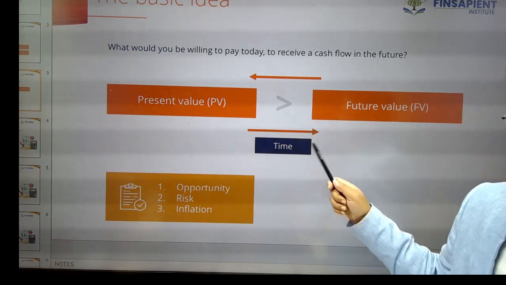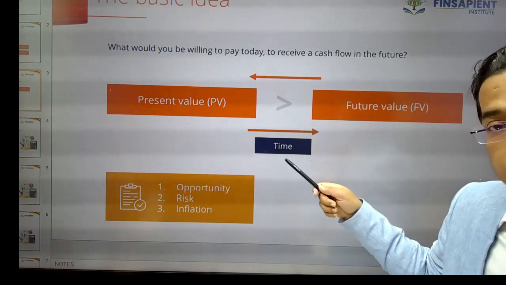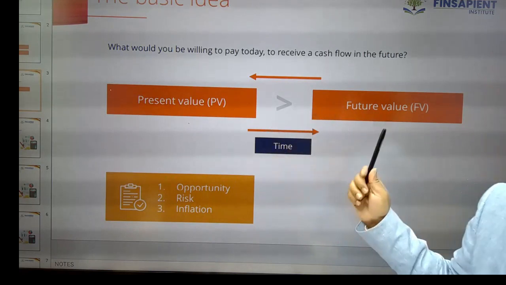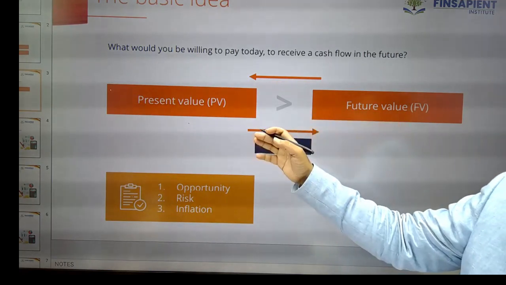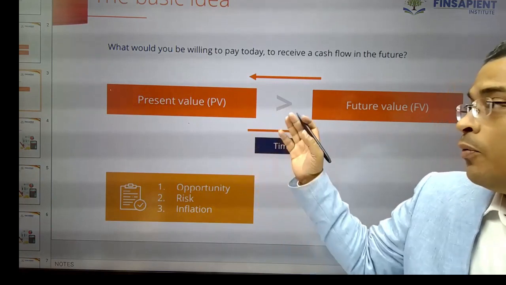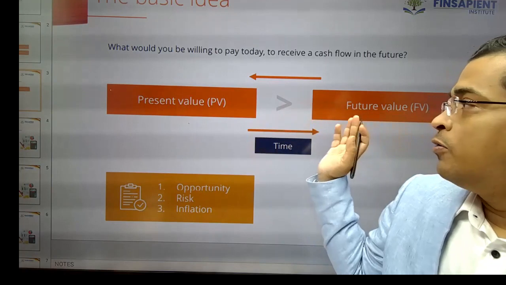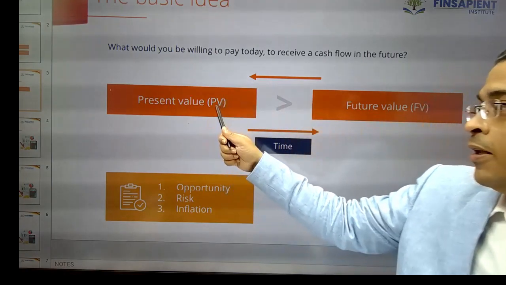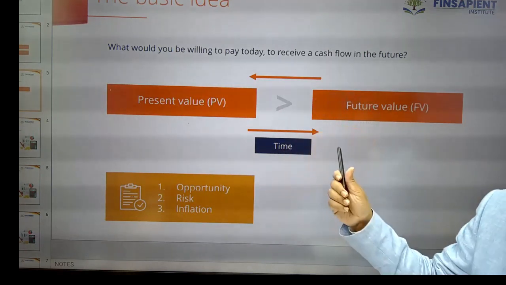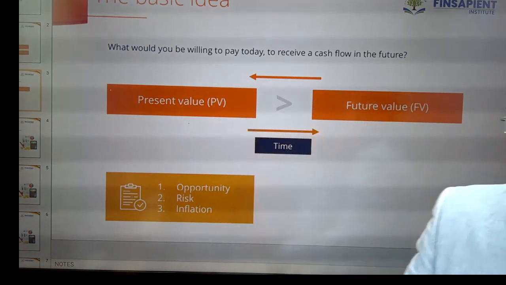The longer the time passes and the bigger the interest rate or discount rate, the bigger it will be in the future. So it works both ways. We can calculate using the rate of interest or cost of capital. We can calculate future value from present value, where the time goes in this direction. If you want to calculate the present value given the future value, we can calculate the opposite way as well.